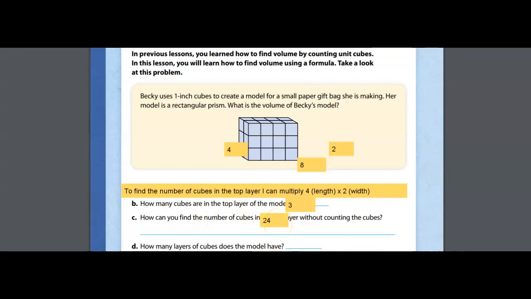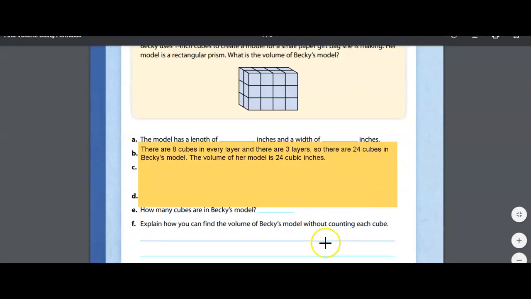Press pause at this time. Your explanation can say, there are 8 cubes in every layer, and there are 3 layers. So there are 24 cubes in Becky's model. The volume of her model is 24 cubic inches. Now be sure to put the unit of measurement that it's measured in after your volume.